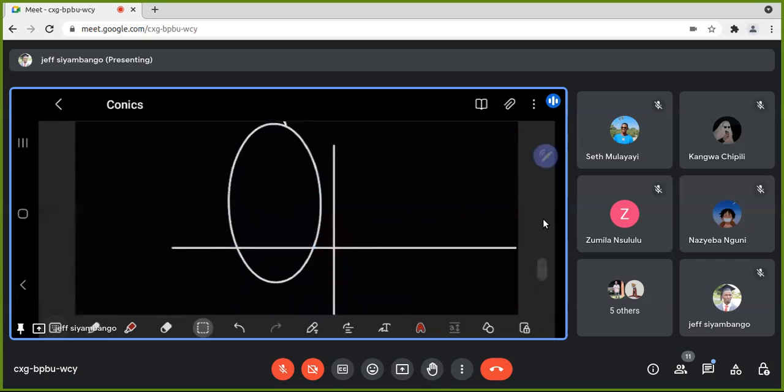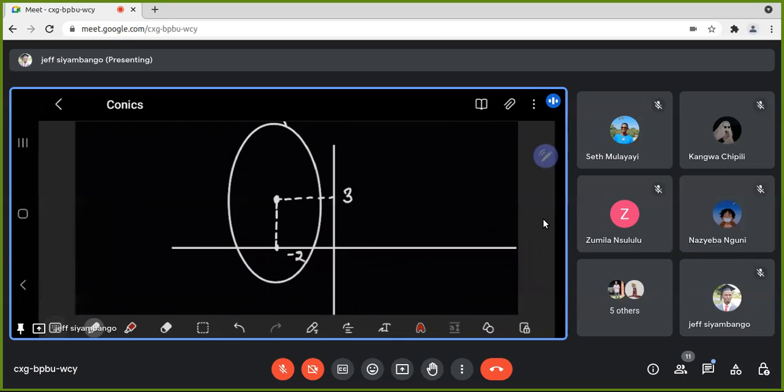Now, what happens in this case? Well, let's say we know where the center is. Let's say this is at 3, and this is at, let's say, I can put -2.